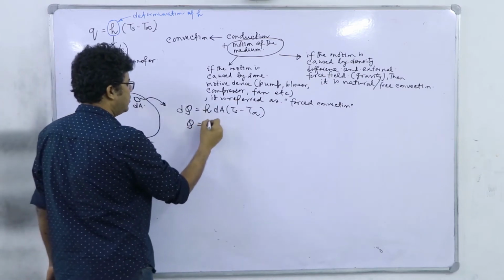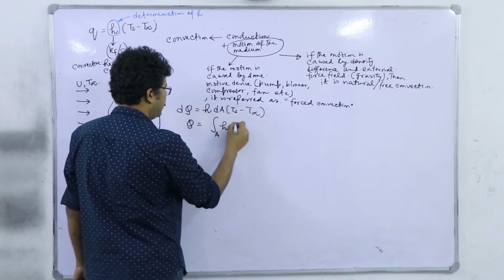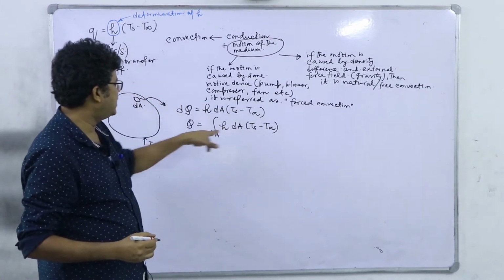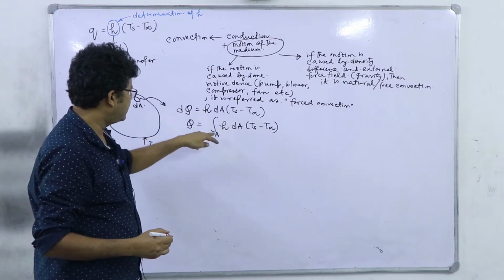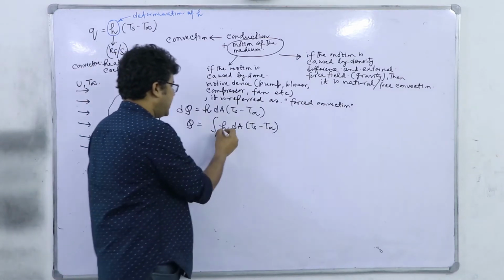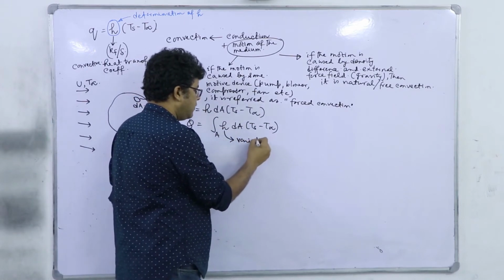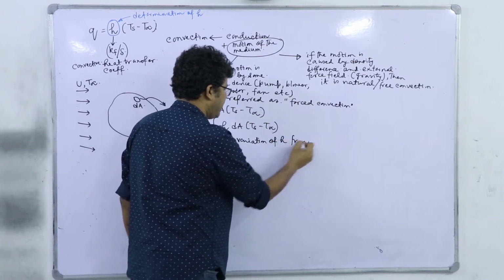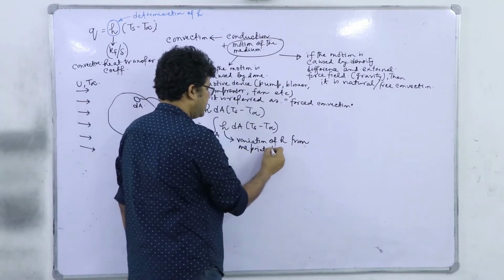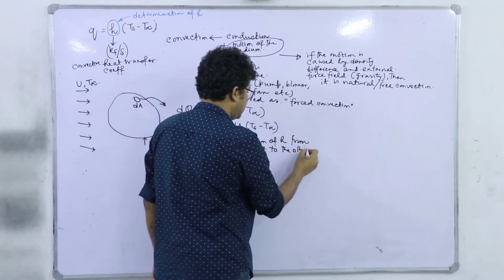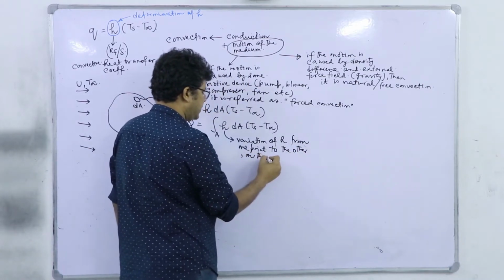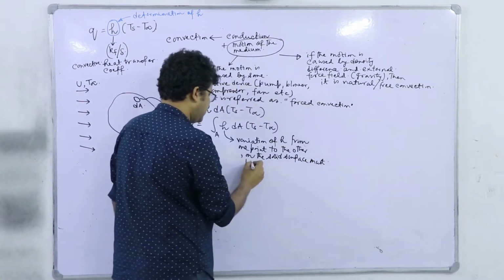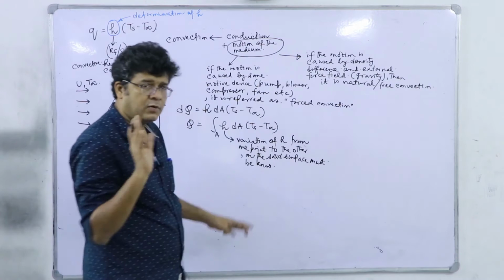The total Q we have to integrate over the area A. In order to do this integration, the variation of H from one point to the other on the solid surface must be known. How we know that, we will come to that point.